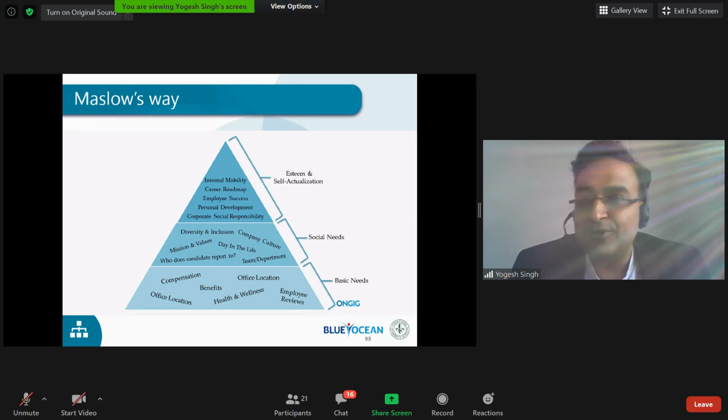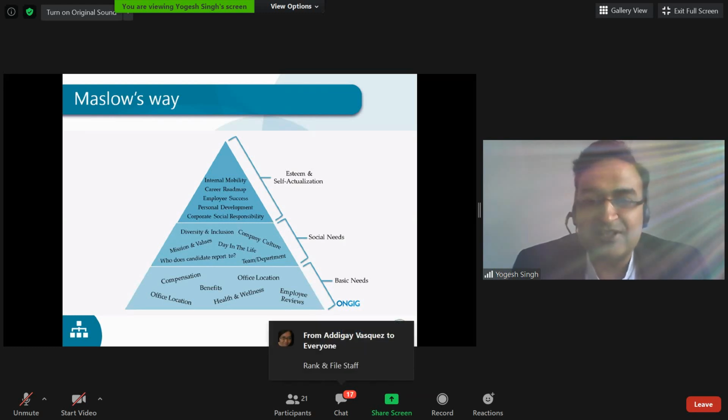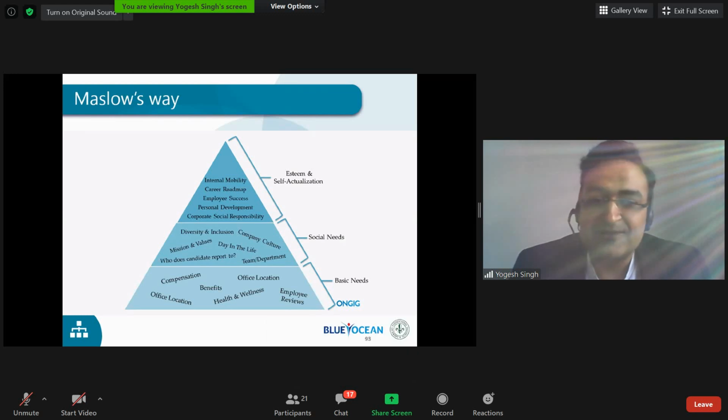Entry level or junior level positions mostly have basic needs. They really worry about the salary. What is the salary? How much am I going to earn? What is the office location? Health and wellness programs, right?